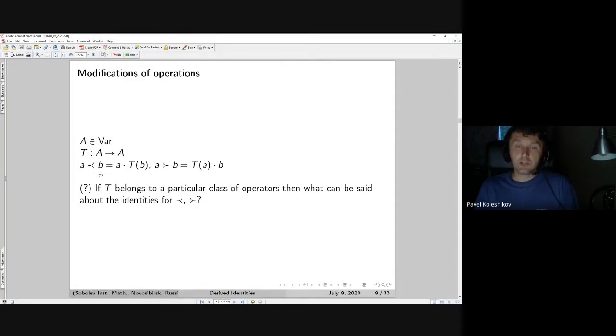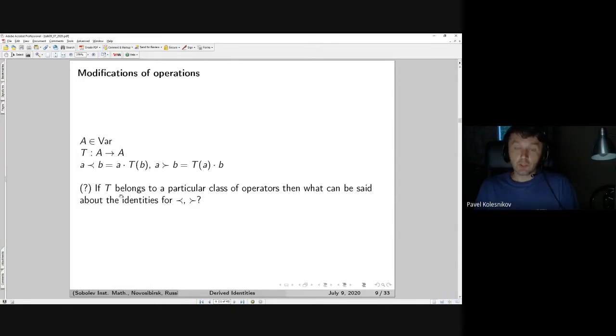What if we restrict the class of operators? What if we consider the class of systems A_T, where A ranges through the entire variety Var, and T belongs to some particular class of operators? So the entire variety of A_T will be smaller, and we may expect more identities.